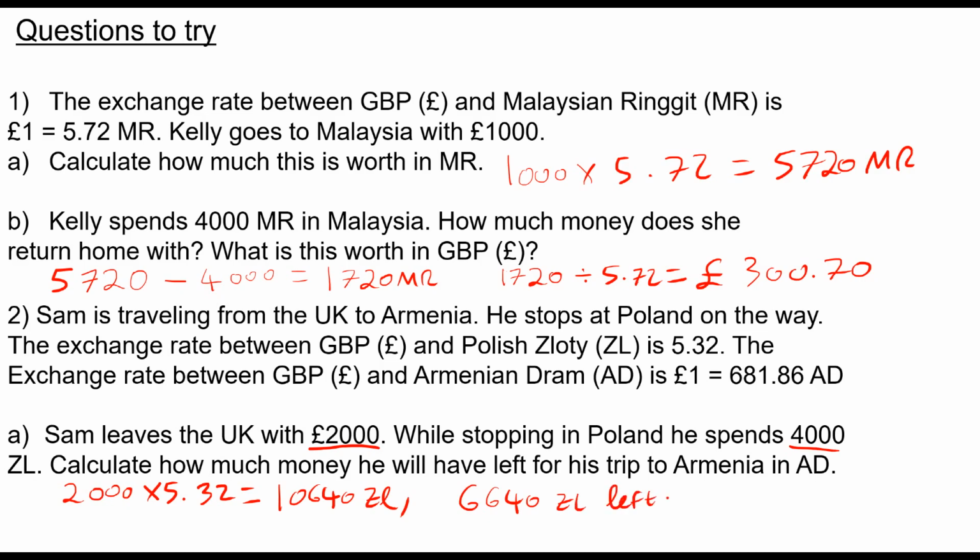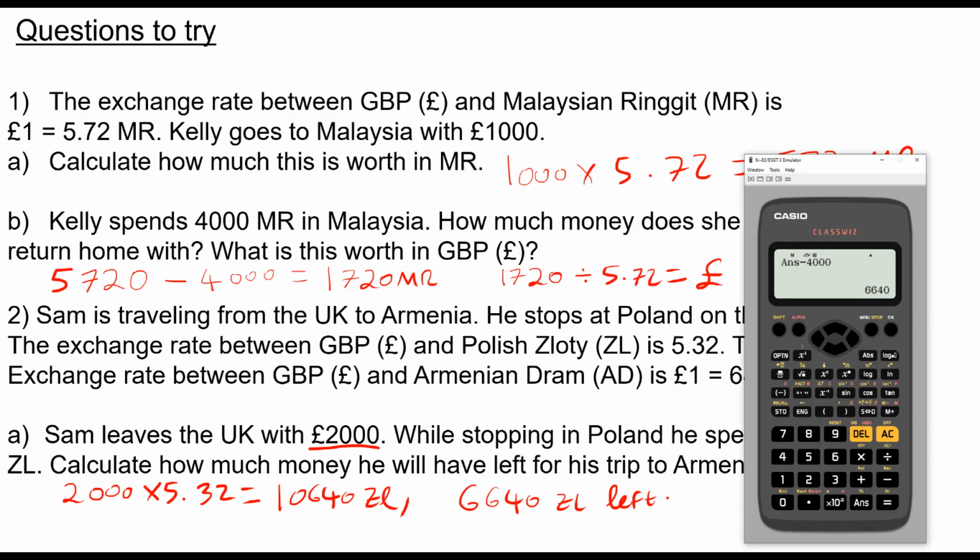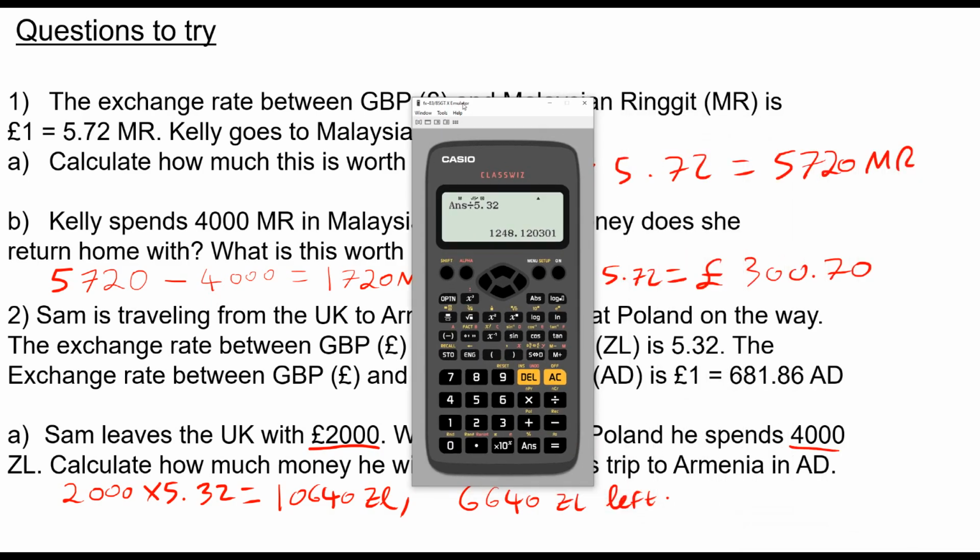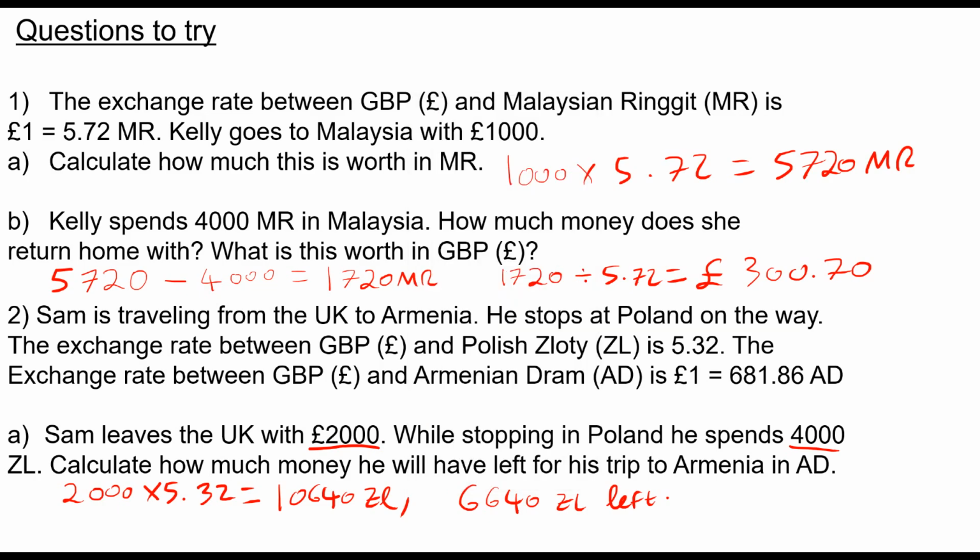And we can change this. To change this into dram, we would need to change it back into pounds. So if I change this back into pounds, divide that by 5.32, that will take us back to pounds. And then to change this into dram, we need to multiply by 681.86, and that gives him 851,043.31 dram.